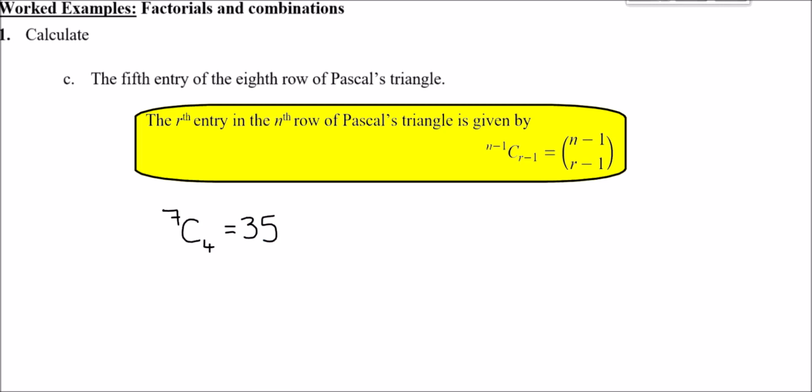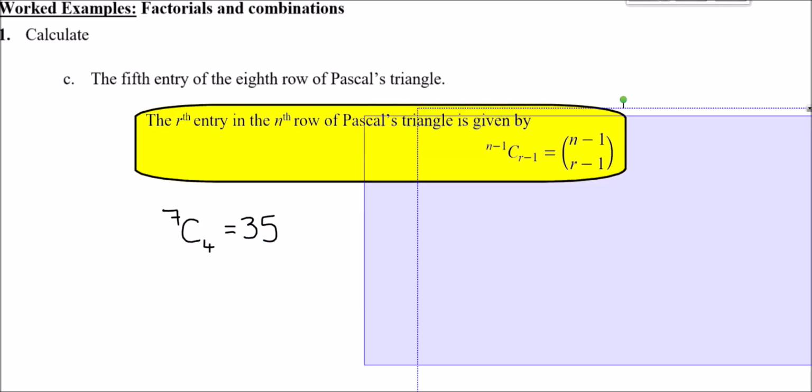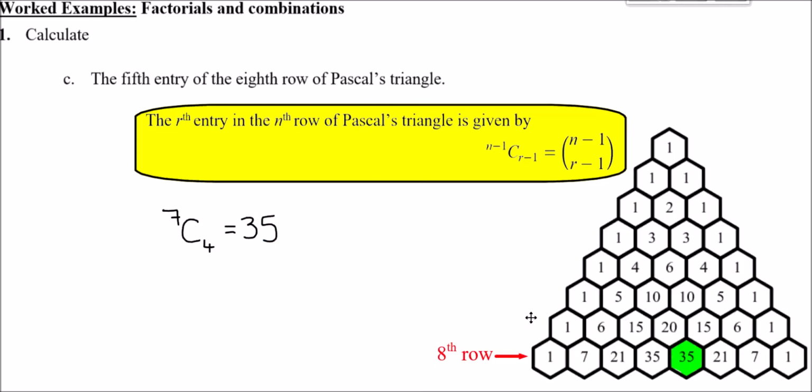So I've got my fancy looking honeycomb one over here. If I go down to the 8th row, 1, 2, 3, 4, 5, 6, 7, 8, and then the 5th one in, 1, 2, 3, 4, 5, you will indeed see that the 5th entry along the 8th row is 35, like we calculated it to be.